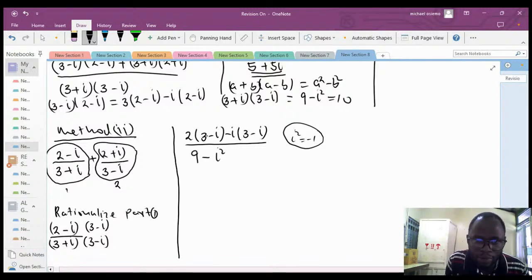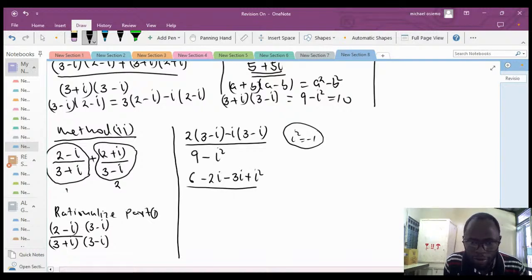So open up this bracket. 2 times 3 is equal to 6, minus 2I minus 3I, opening now negative I times 3, then negative I times negative I, we shall get positive I squared, and all this over 9 plus 1. So why 9 plus 1?